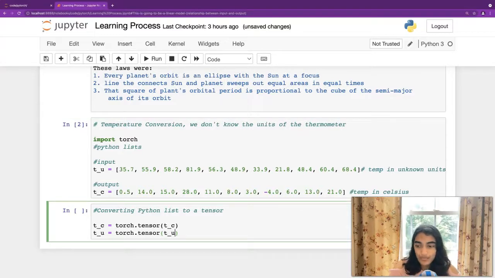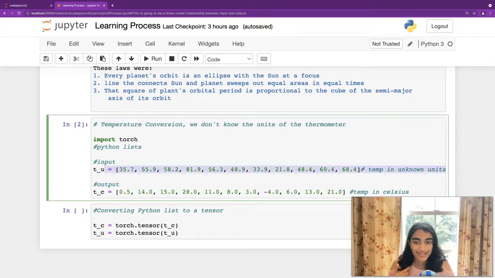Okay, so we stuck with the assumption that this is going to be linear. We don't have any other option because, first of all, it's pretty reasonable to assume that. Once again, let me repeat that you cannot do this with real world data because you have no idea what the relationship is going to be in the first place.